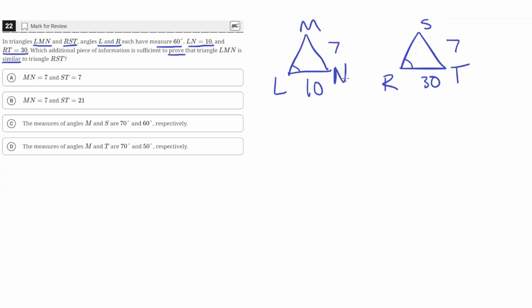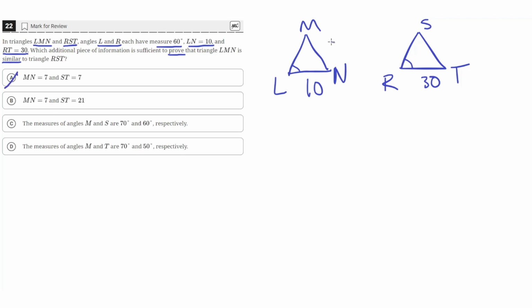Now that doesn't prove that these two triangles are similar, because the fact that LN and RT are 10 and 30 suggests that the sides on this triangle are 1/3 the sides on this triangle, if they were similar. But if both of these are 7, then these two cannot possibly be similar triangles, because there's not some constant dilation factor to get from one triangle to another. So A is incorrect.